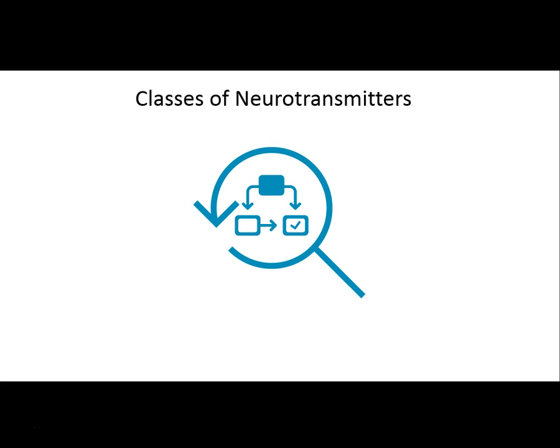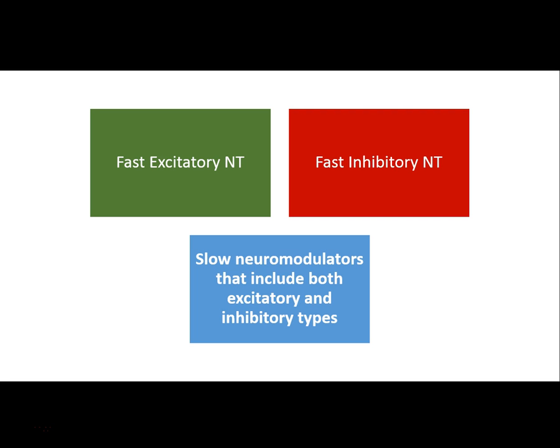What about the classes of neurotransmitters? We have the fast excitatory neurotransmitters, the fast inhibitory neurotransmitters, and then the neuromodulators, whether excitatory or inhibitory. The fast excitatory neurotransmitters are the most important.